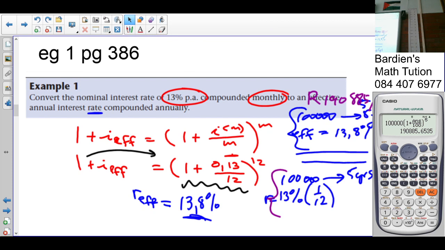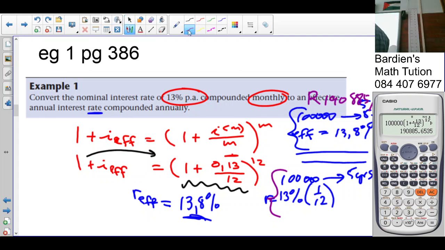So let's see how much the other will give us as a return. It will also be 100,000 into 1 plus 0.13 over 12 compounded monthly, to the exponent 12 times 5 years. You see exactly the same answer.